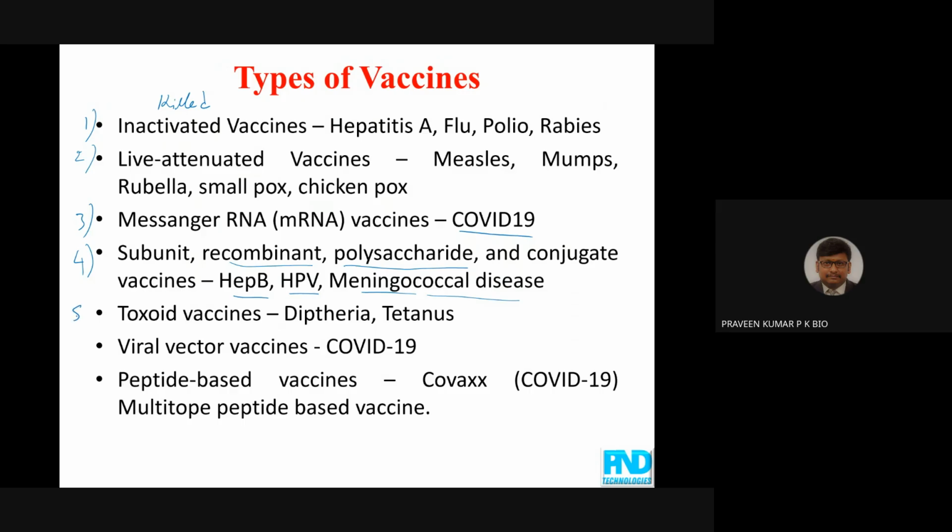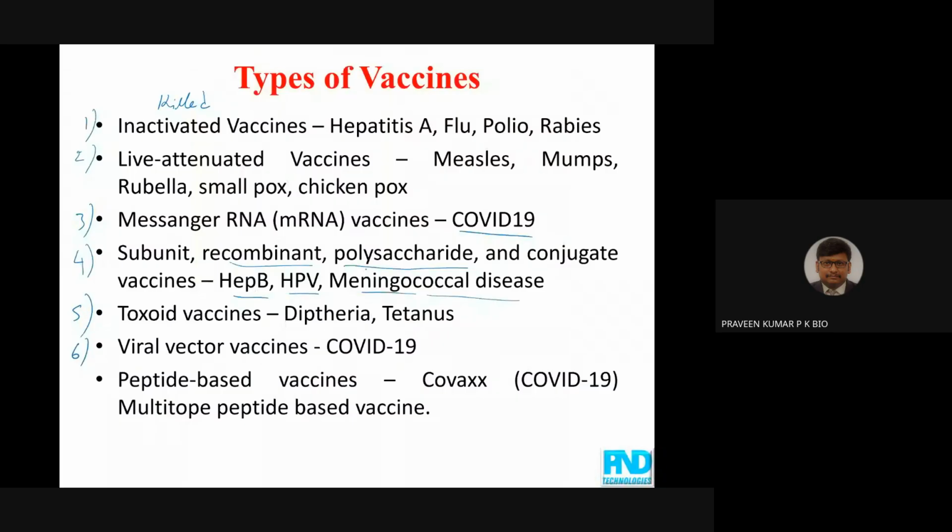The fifth one is the toxoid. For example, diphtheria and tetanus pathogens produce toxins, and a vaccine made from these toxins can prevent the infection. That's what we call toxoid vaccines. The sixth is the viral vector vaccines, from adenovirus vectors, and we have so many types of viral vectors.